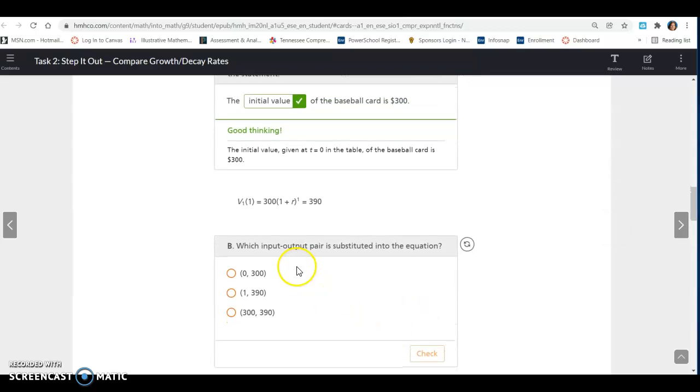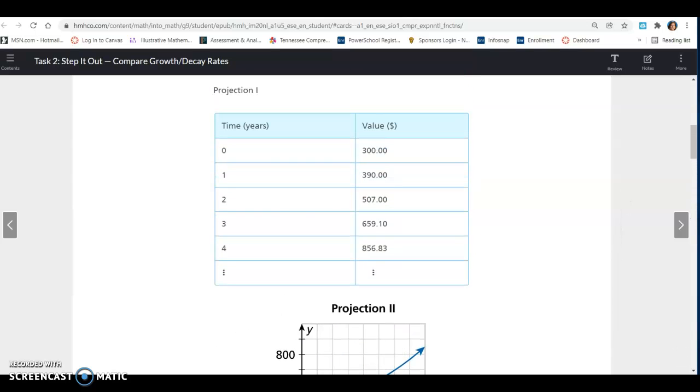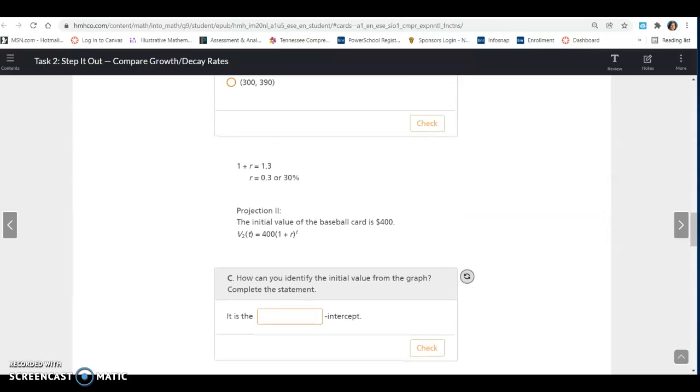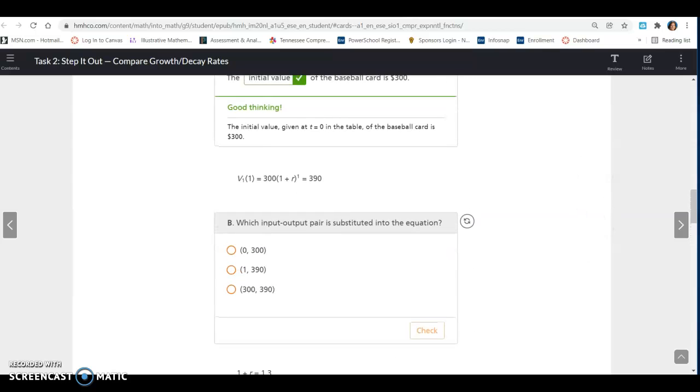All right, so it says V of 1 equals 390, so they're letting x be 1 and y be 390. So that just came from your table. See, year 1 goes with 390. So they're plugging in a point to find the interest rate. So we know A is 300, and we're using an x and a y to plug in to find our r value.